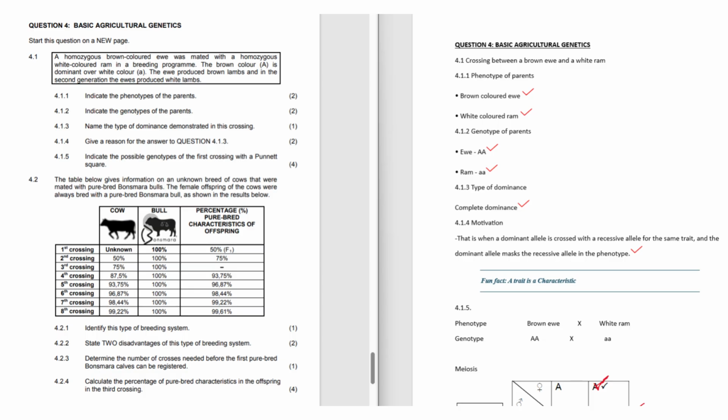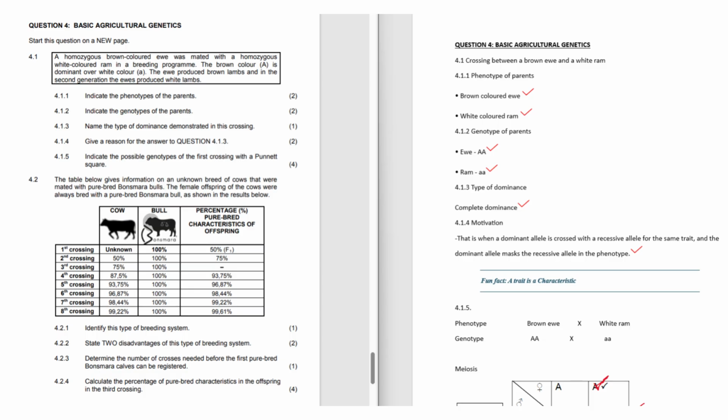We're going to represent it by the letters AA. Then we're going to say ewe, AA, plus ram, small letter aa, then answer there.